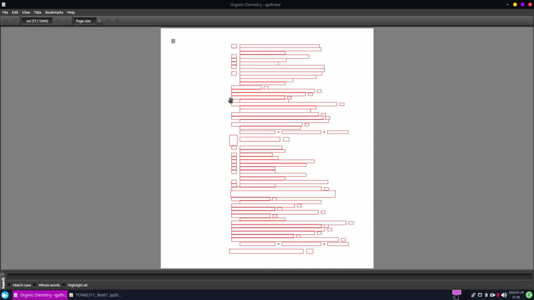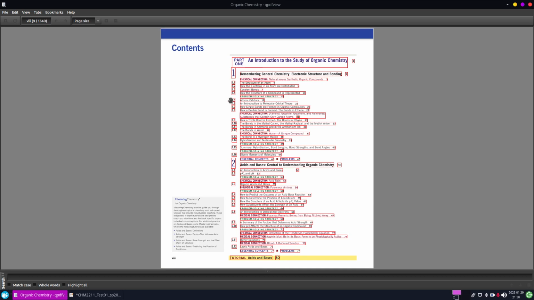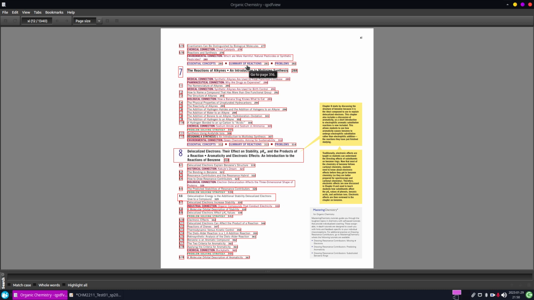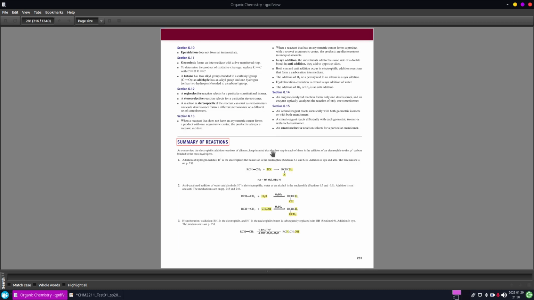So, table of contents. Let's see. Reactions of alkenes, summary reactions. There it is, the BH3·THF and basic hydrogen peroxide. If you had a substituted alkene, you ended up having an OH on the least substituted side.